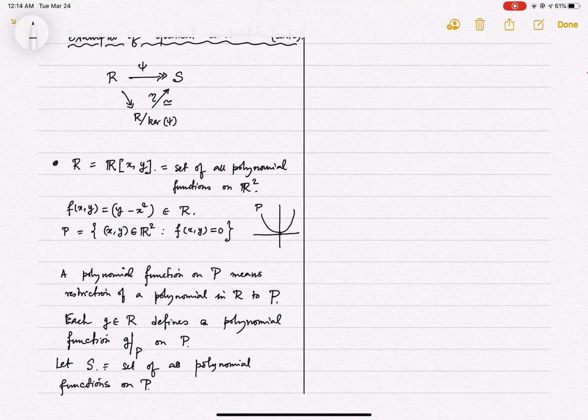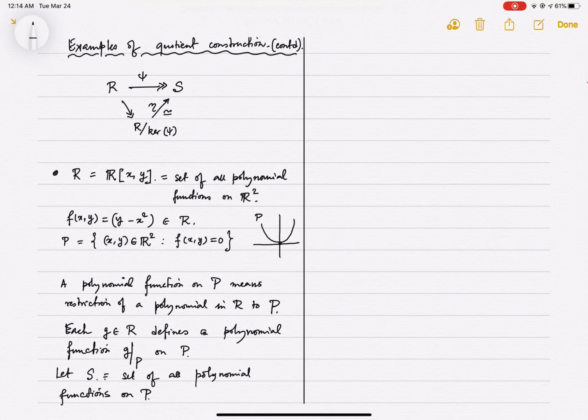The point is that different polynomials, when you restrict to this parabola, can become the same thing. For example, if you restrict the function y minus x squared, which is an element of R, to your parabola, what do you get? You just get the zero function, because by definition of the parabola, this function vanishes everywhere on the parabola.